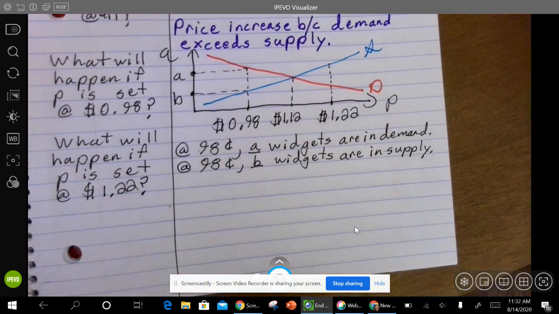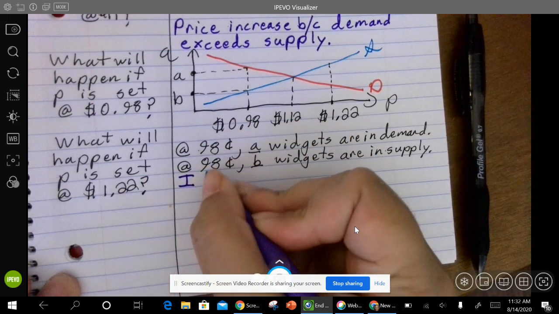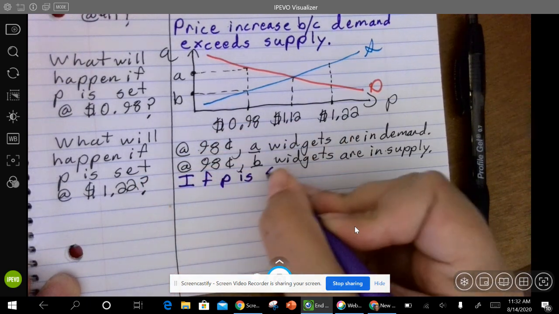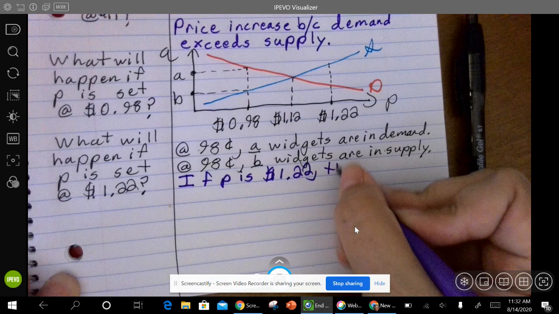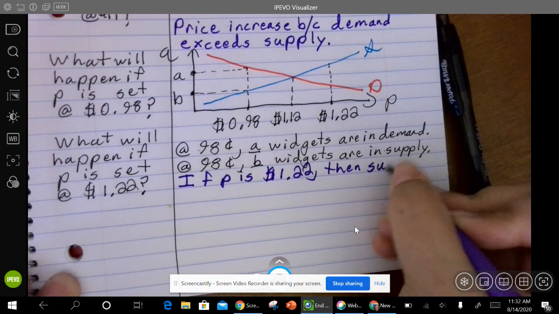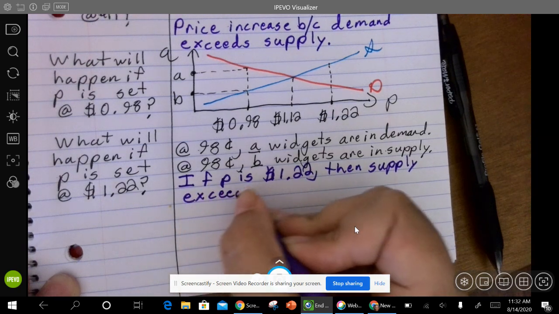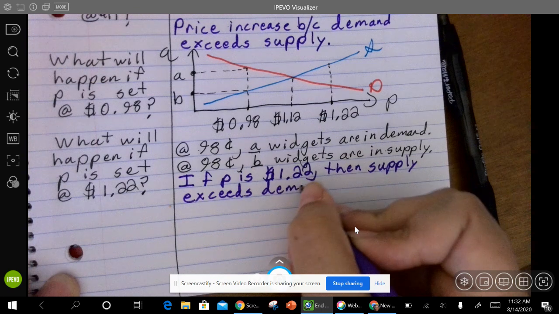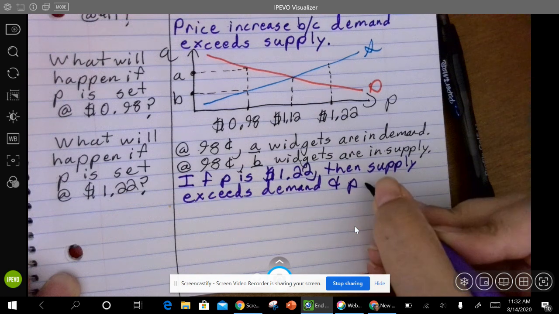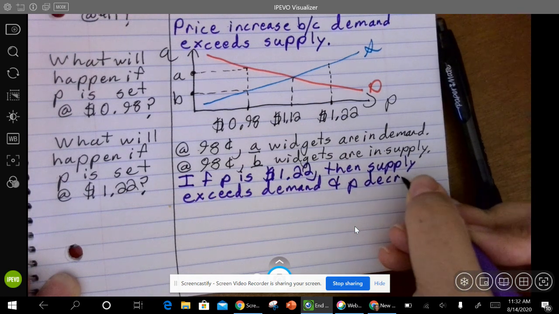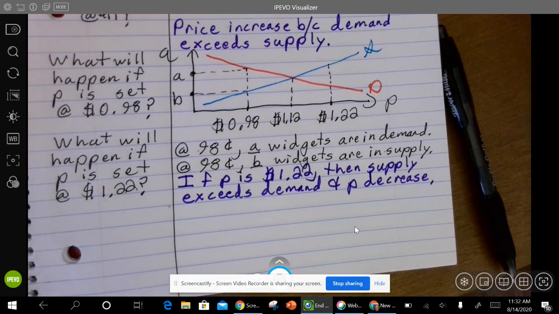Okay, so that means if we set that price, is set at $1.22, then supply exceeds the demand, and the price is going to decrease because they're going to lower the price. So they want to sell that gum. Okay.